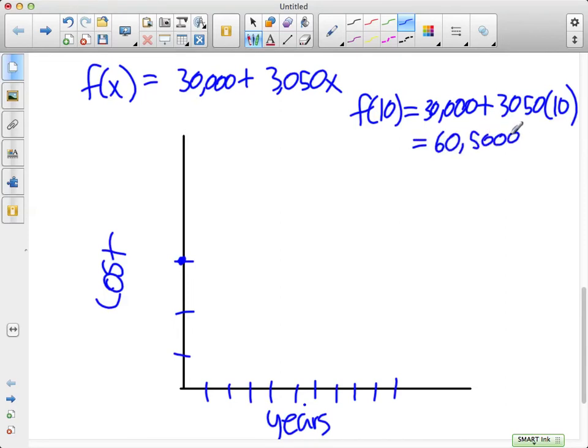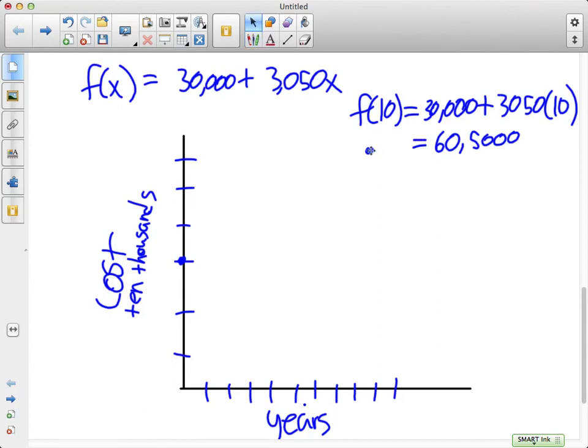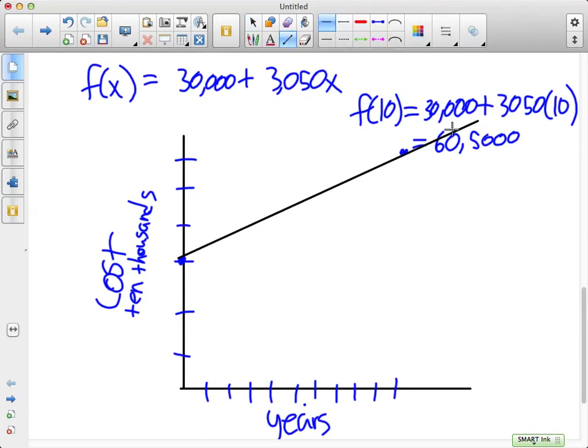So that means for 10 years, this is 10,000, 20,000, 30,000, 40, 50, 60,000, cost in 10,000s, years. So that means I just need this one other point up here. So is that about right? Now it's better. And then I can just go ahead and draw my line. And of course that would keep going up.